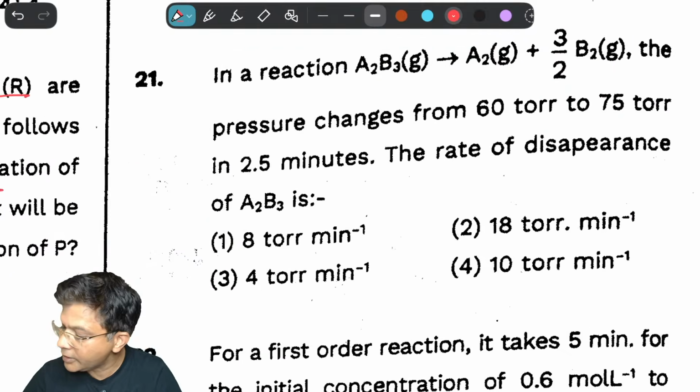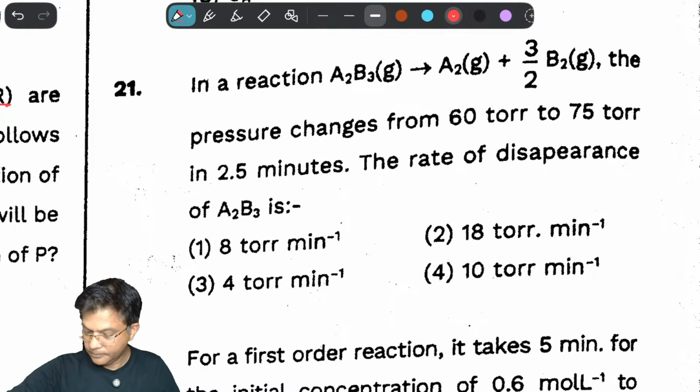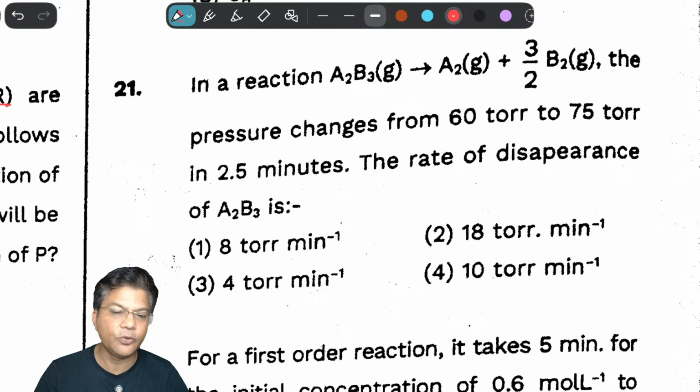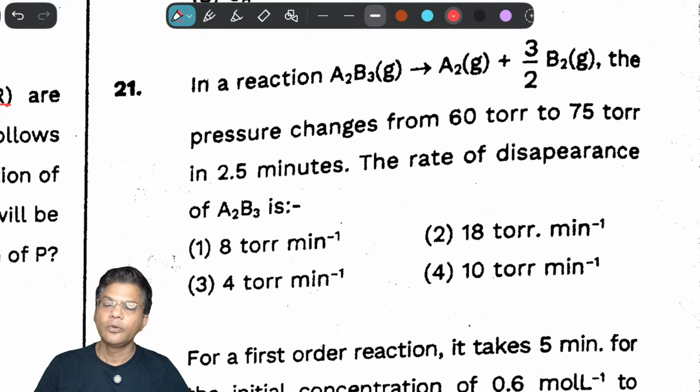Now question number 21 on your screen. Quick. 21. Total 50 questions we will do. How many questions, kids? 50 will be too much. Tomorrow we will do or next day we will do, right? 25 questions will be okay for today.